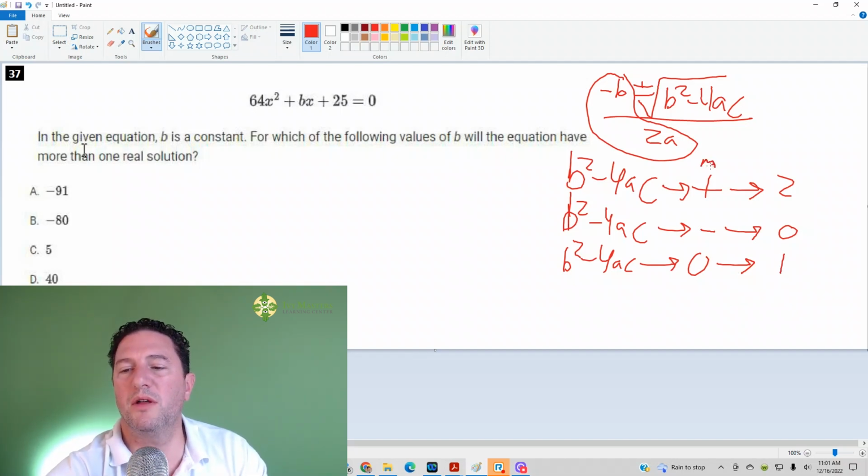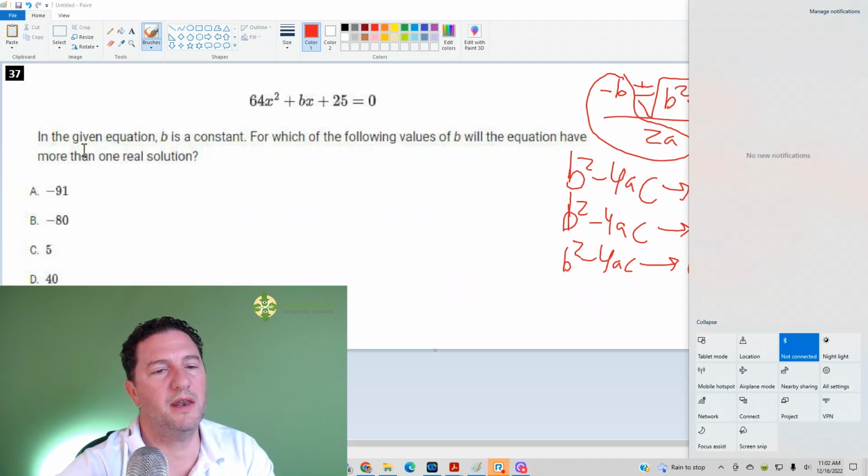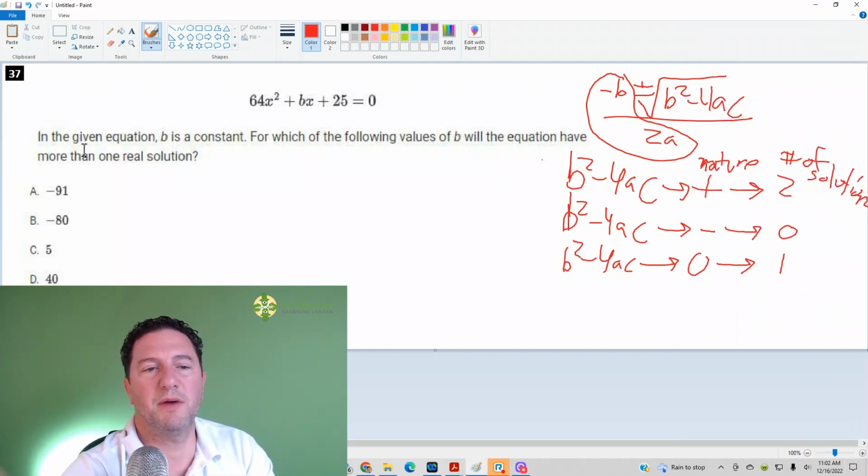You might call this the nature of b squared minus 4ac, and this is the number of solutions. On that note, let's begin to do this by hand.